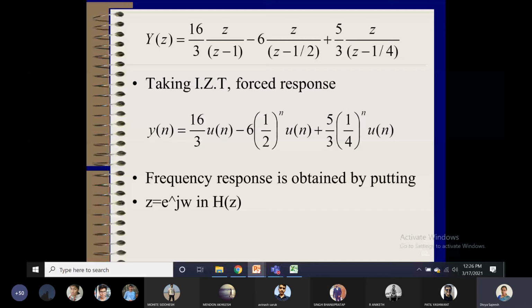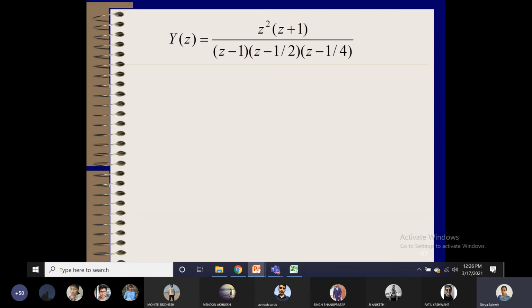Now frequency response is obtained by putting z equal to e^(jω) in H(z). That means now we have to obtain H(z) for the system. So what is H(z)? H(z) is Y(z) upon X(z). For the step signal we obtained Y(z) as this and X(z) as step signal, X(z) is z/(z-1).